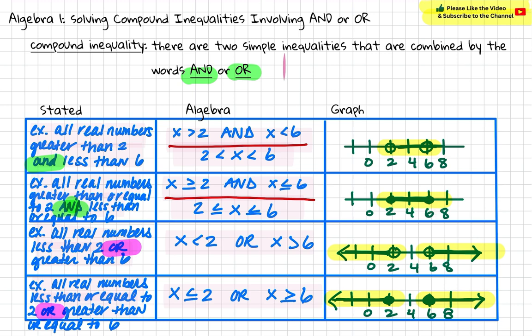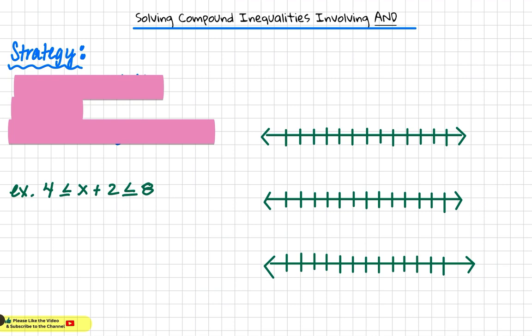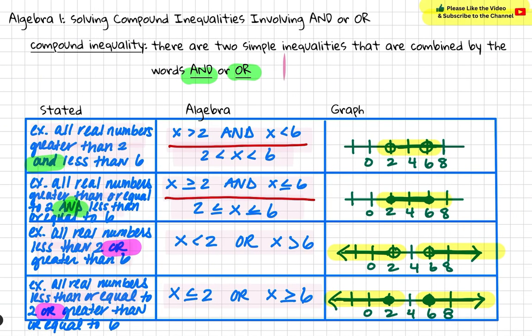Sometimes you're going to have a hollow dot and then a filled in dot, which you'll see in a couple examples as we go on. So this was just to show you in a somewhat summarized way some examples that you can expect.